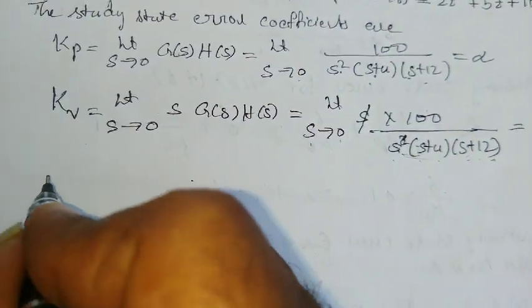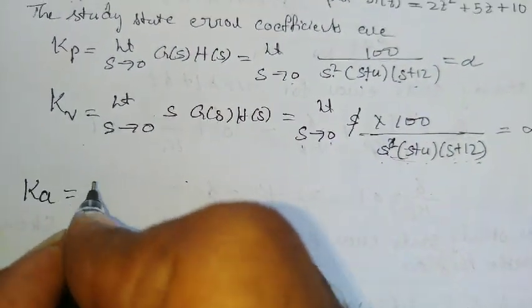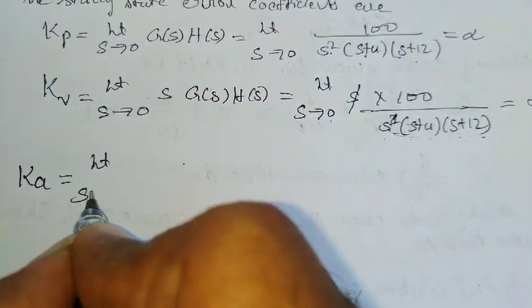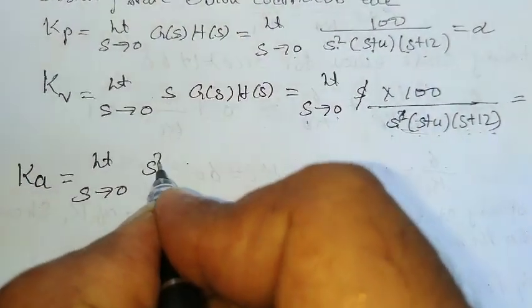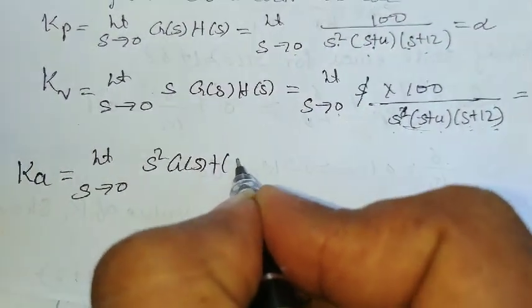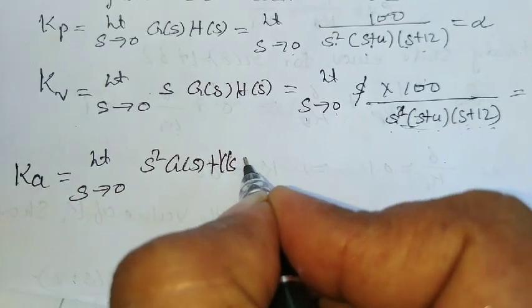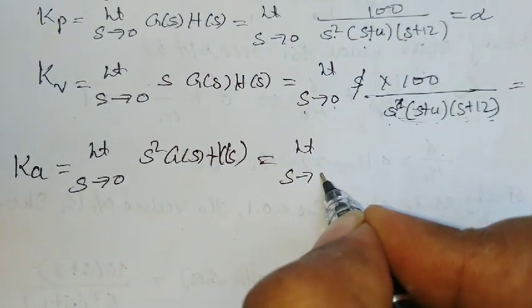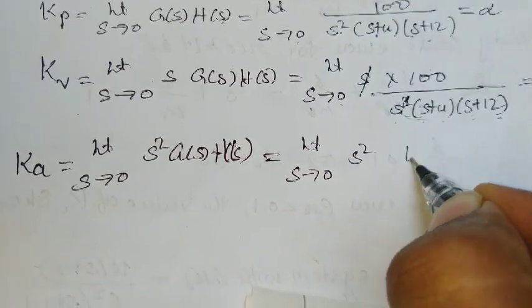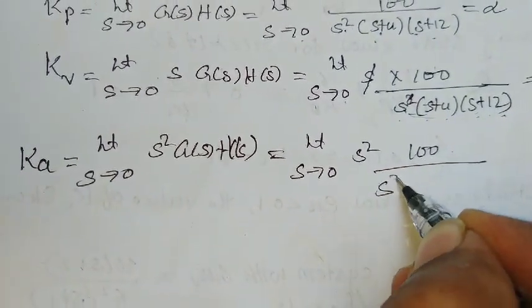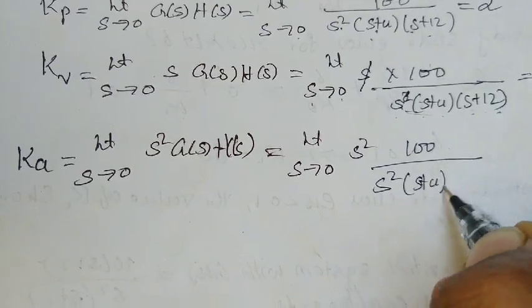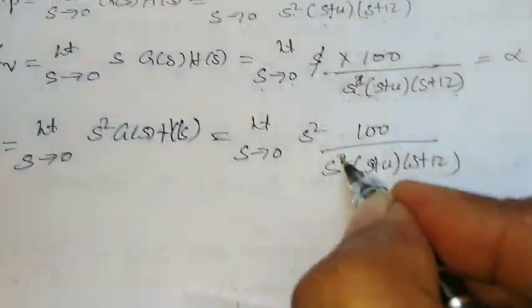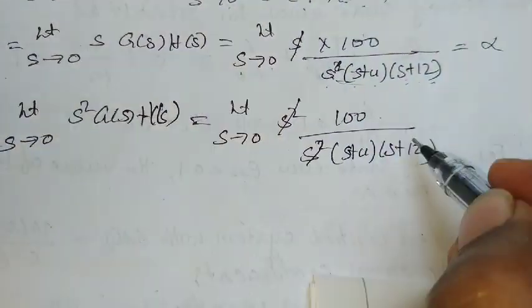Next static error constant Ka, the acceleration error constant, limit s tends to 0, s square G(s)H(s), which is limit s tends to 0, s square 100 divided by s square into (s plus 4) into (s plus 12). Here s square gets cancelled.